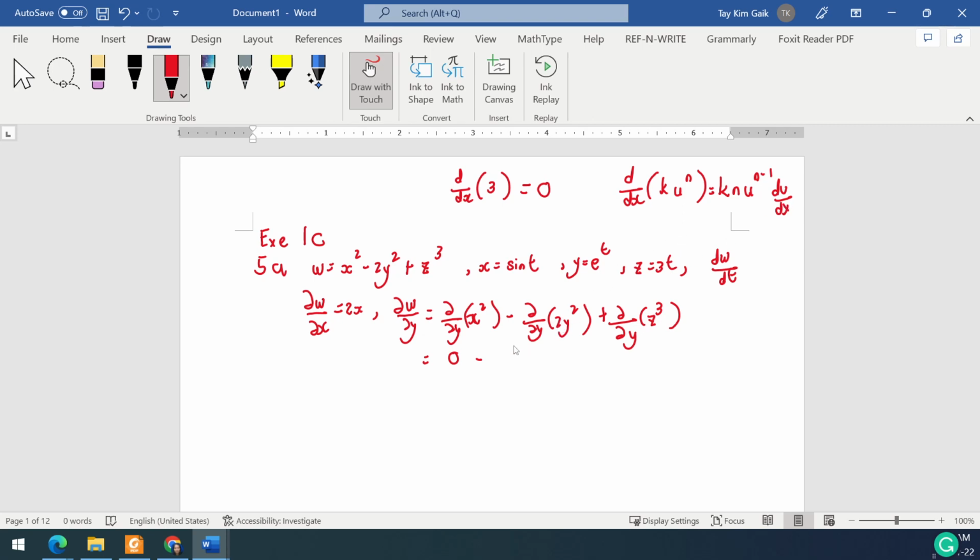So here, when you factor out the 2, you del del y squared. Okay, this one, del del y z cubed. When you del del y, x and z are constant. So the third one, what do you get?